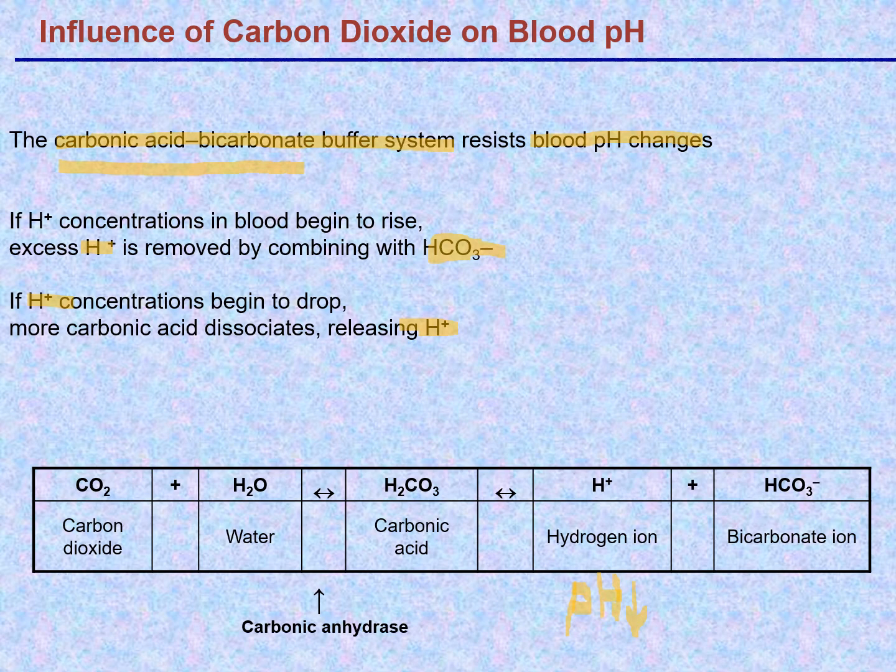So if CO2 is building up in concentration, if you have higher amounts of CO2, then the reaction will go in this direction. At the same time, if you have a higher level of hydrogen ions in excess, then the reaction will go in the opposite direction.